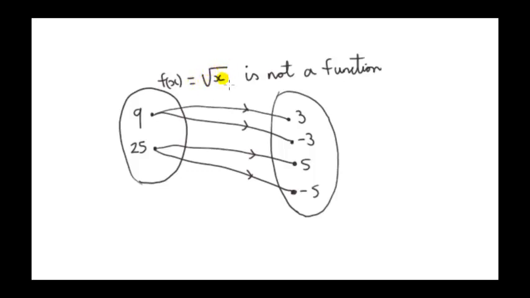If we define the square root of a number to be either its positive or negative square root, well, you can see that if our domain consists of these 2 elements, the number 9 and the number 25, well, the number 9 gets mapped to plus 3, but it also gets mapped to minus 3. Similarly, the square root of 25 can be either plus 5 or minus 5.